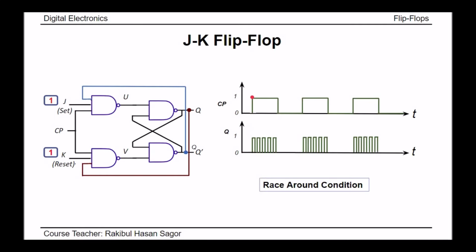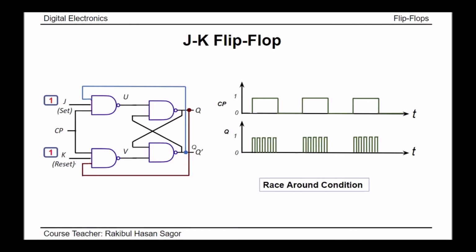That's why when it triggers, at that moment, if I have J equal to 1, K equal to 1, it will toggle the previous value. After triggering, though the clock pulse level is still 1, the trigger output will be 0. So the previous value will continue up to the next triggering. In this way, we get the toggle operation from the JK flip-flop.